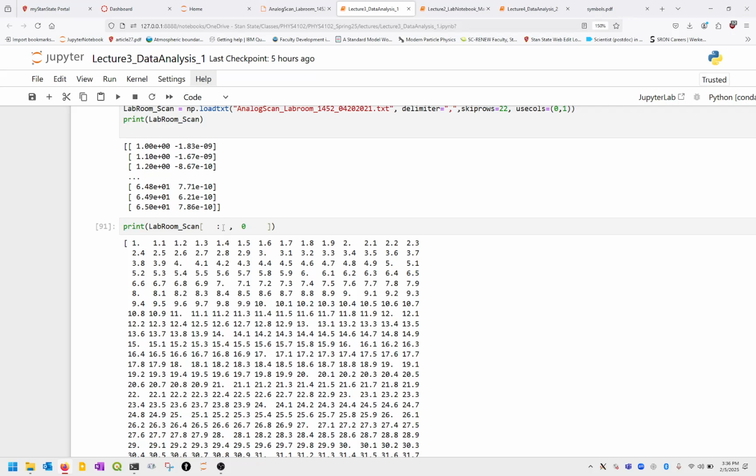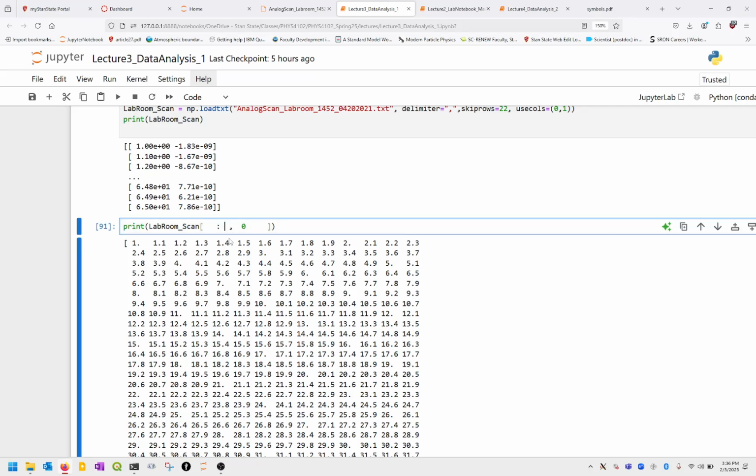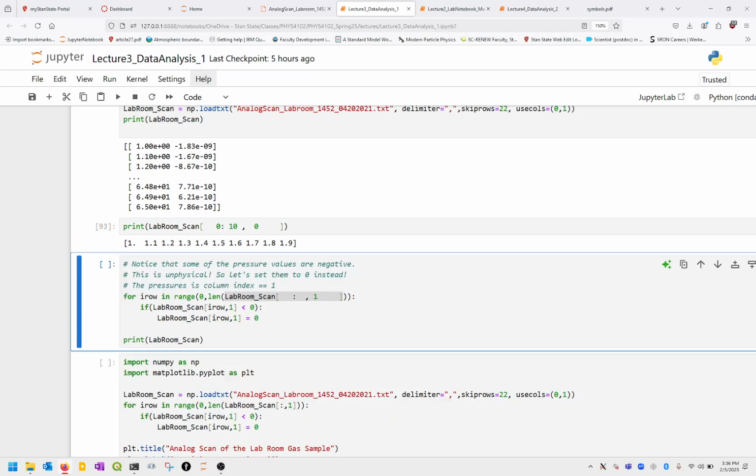If I only want the first 10, I can do from 0 to 10, and it will give me the first 10 rows. So you can play around. This is called slicing and dicing your array, so you can cut it up however you want. This takes a lot of practice. But the thing to know is that the comma separates the dimensions of the array. This is 2-dimensional, but there could be a 3rd dimension. The colon tells you which part of that array you want.